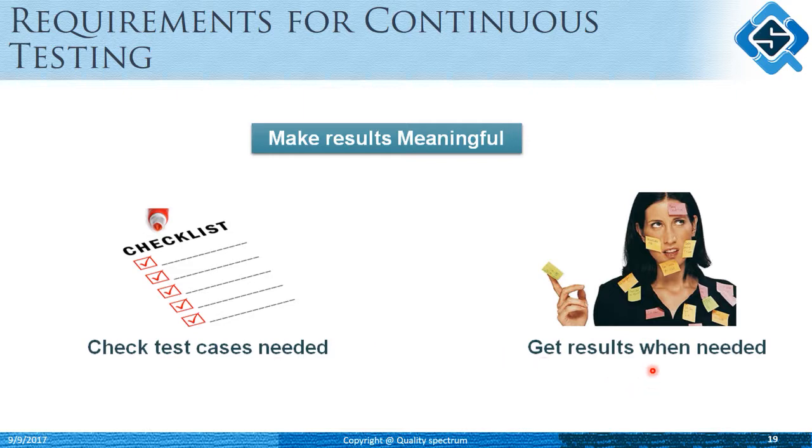Also, it's important to get the results when they are needed. For instance, a developer adds a change to the code and checks it in, and if the automation gives feedback after one week or something, that feedback becomes irrelevant because by that time the change the developer did is not fresh in their mind.